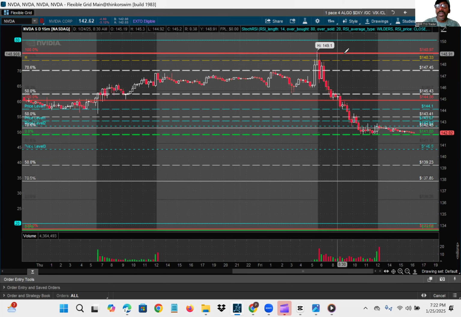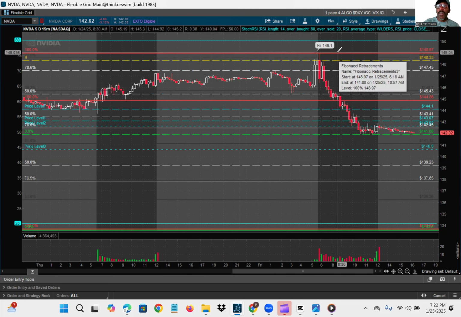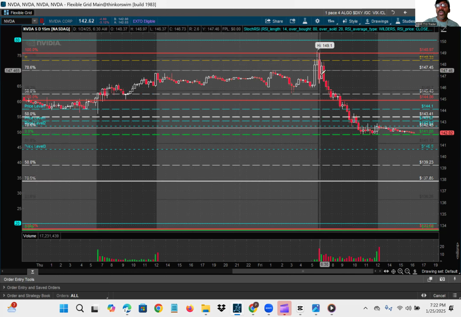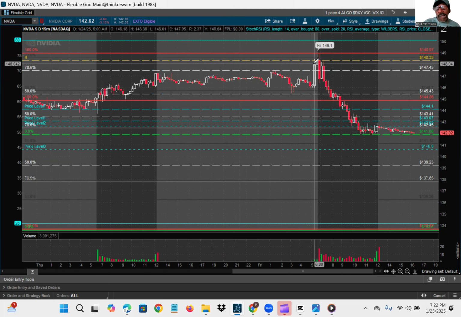This is my high and low that you see that we marked on the weekly and the daily. Okay, this is showing that this is your top. If NVIDIA was going to create a higher high, you would have seen a candle.